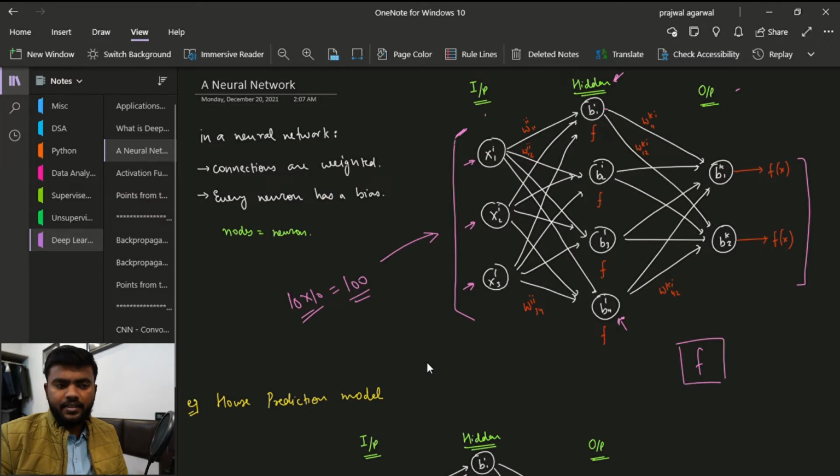As in mathematics, where we provide some input in the format of x and generate some output in the format of y, similarly is the case with hidden layers. All the neurons represent some type of function, and another thing is that all the hidden layers have their own biases.